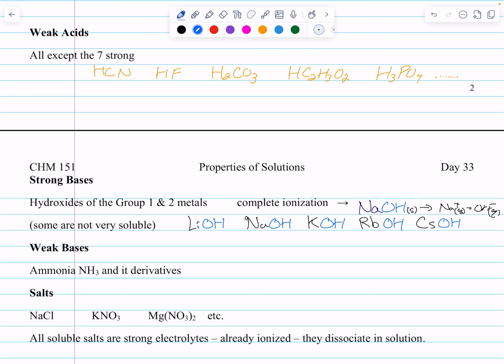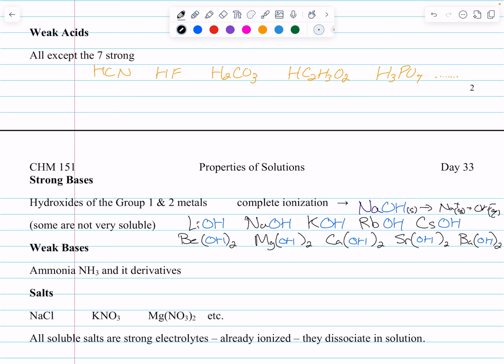We also have Be(OH)2, and then we go just down, Mg, Ca, Sr and Ba, with all these hydroxides. So those are strong bases.